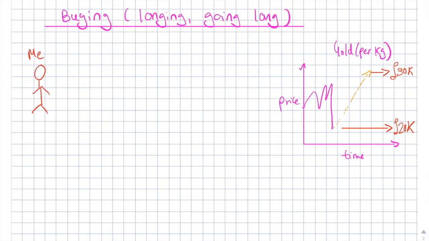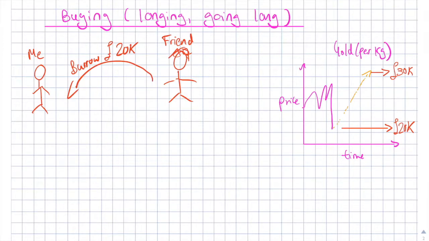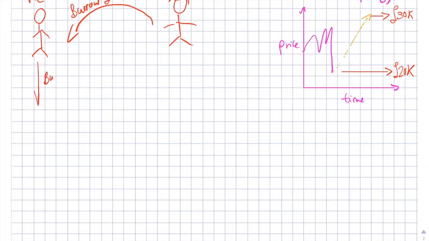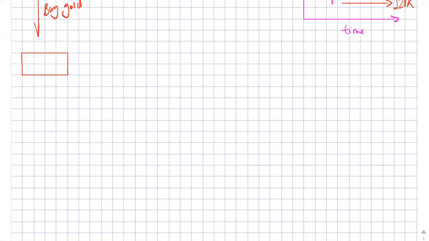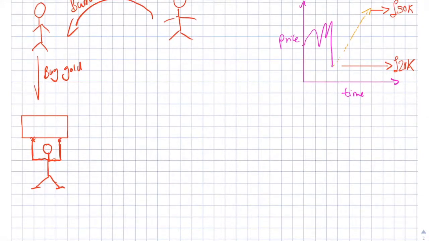But that's no problem because I have a friend, and I'll borrow £20,000 from my friend. Then I'll buy 1 kg of gold for £20,000, and here I am, happy with my gold.